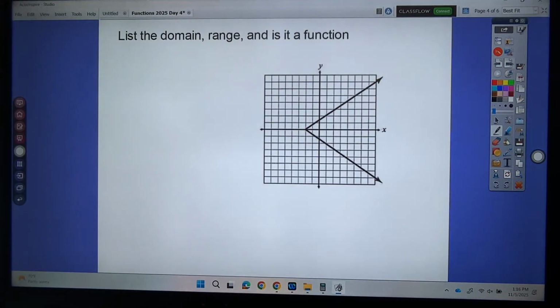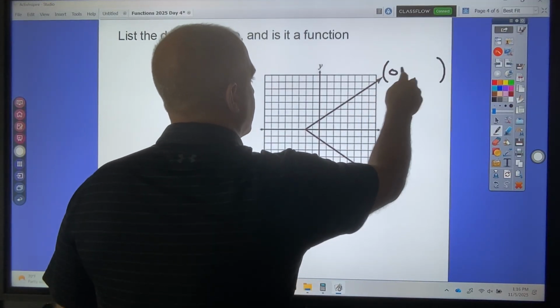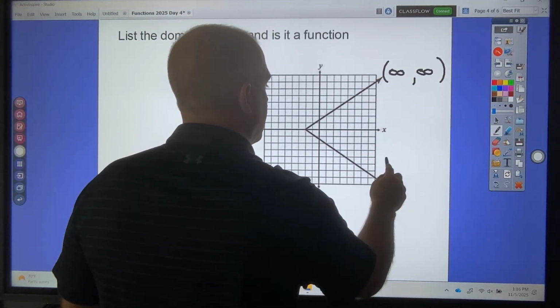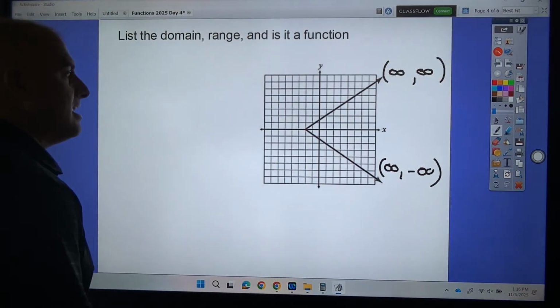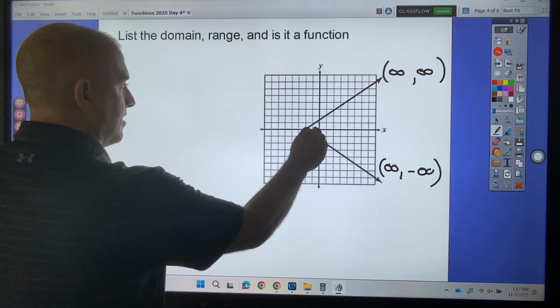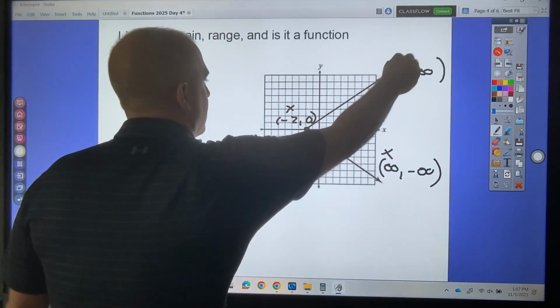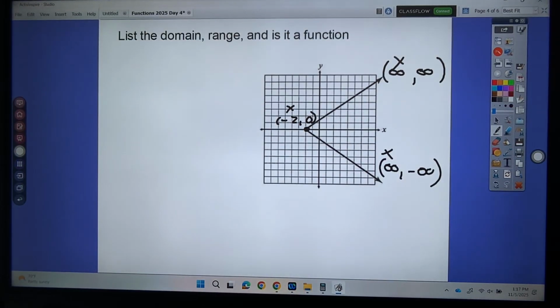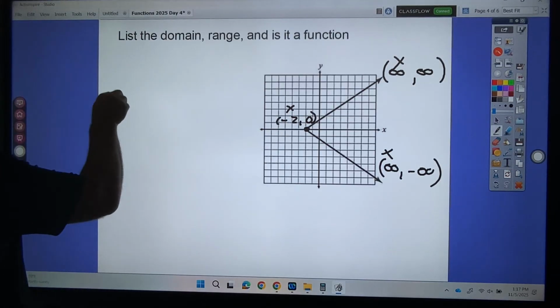Okay, now this one. I got 2 right arrows. This right arrow is going up. This right arrow is going down, okay? Now I've got a turn here. That's -2, 0. So my smallest x value of all of those things is -2.